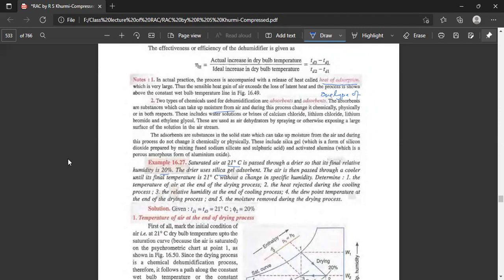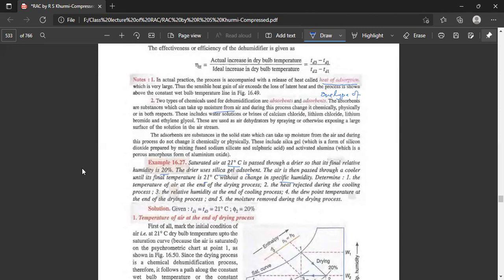The air then passes through a cooler and its final temperature is 28 degrees centigrade without a change of specific humidity. Determine the temperature of air at the end of the drying process, the heat rejected during the cooling process, the relative humidity at the end of the cooling process, and the dew point temperature at the end of the drying process. Then the moisture removed from the entire drying process.